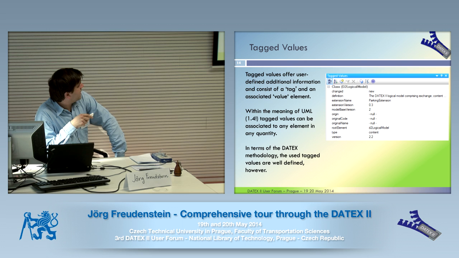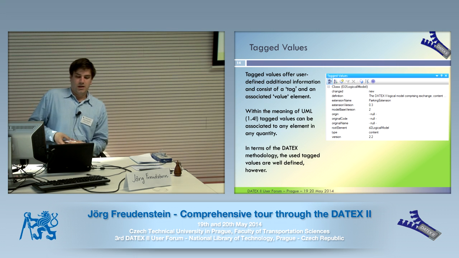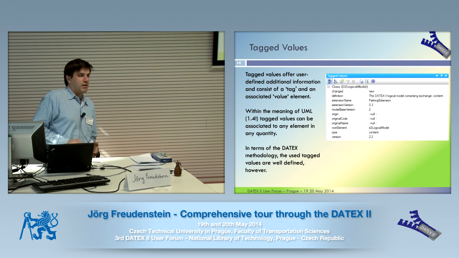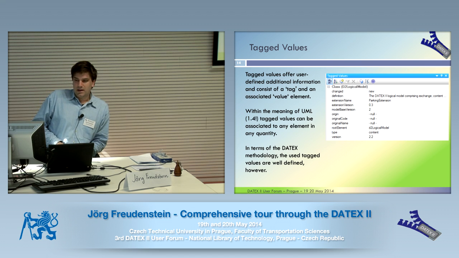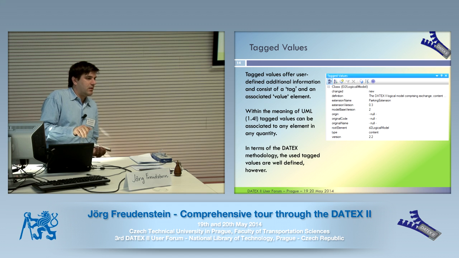The definition tag, as you can imagine, gives a definition. And this is, of course, quite important because this definition will be seen in the schema, and later on the developer can have access to this definition. This is really important information, because here you say what the element does.